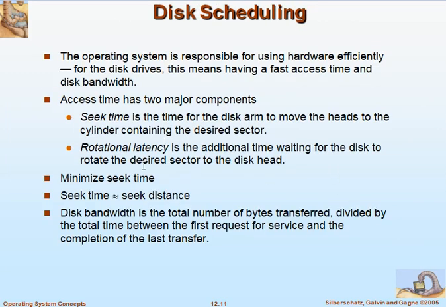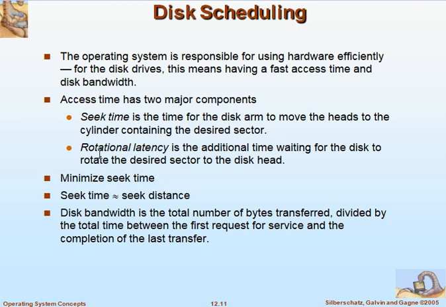And rotational latency is the additional time waiting for the disk to rotate the desired sector to the disk head. Now the seek time is the time it takes for the arm to position the arm's head in such a way that it is in the desired cylinder where the sector is present.